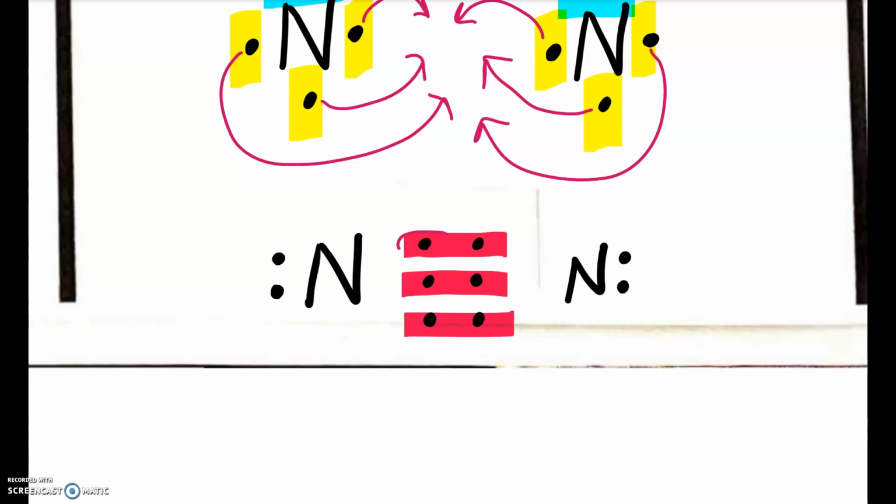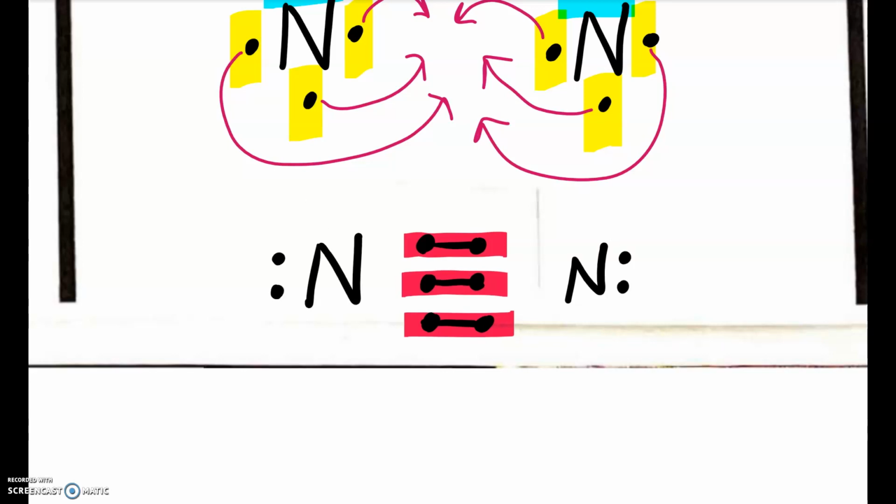What we end up with is this molecule where these three electrons from each nitrogen atom are being donated, and these bonds are being created between the sharing of these electrons right here. If we count the number of valence electrons around each nitrogen atom, each one of these bonds counts as 2 valence electrons for each nitrogen atom.